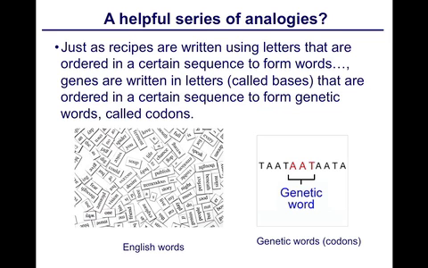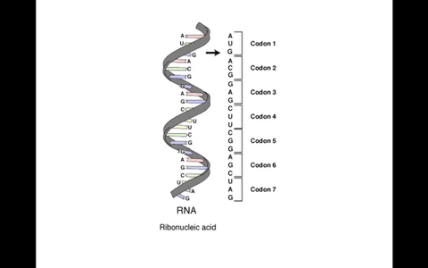But we have this long strand of DNA, kind of like a never-ending story, and there's little sections of it that are recipes, and those recipes have combinations of letters that are called codons. And I think this is a good way to look at it.